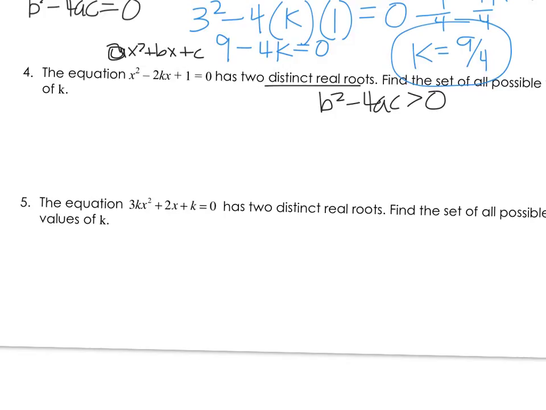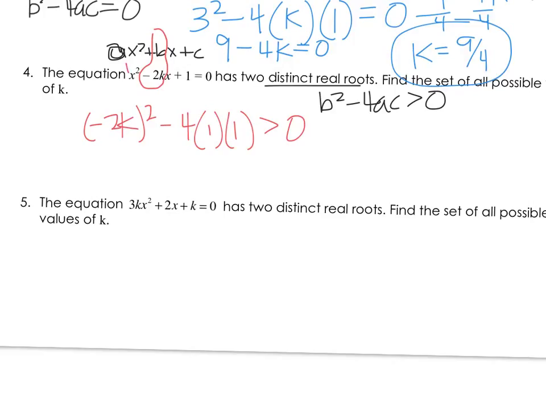So b is the coefficient to x, so it's everything in front of x. So b squared would be negative 2k squared, that whole term in front of x. Minus 4, our a value is 1. It's not written there, but it's there. And c is 1. We want that to be greater than 0.